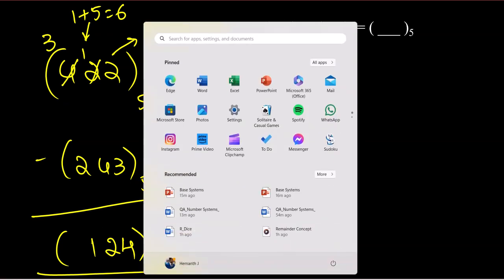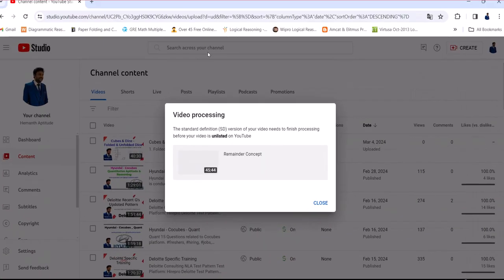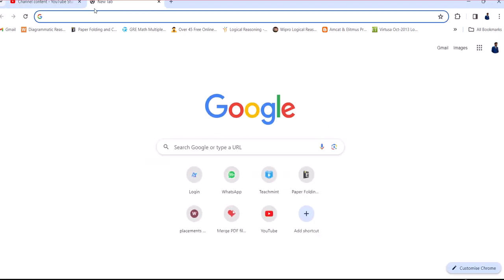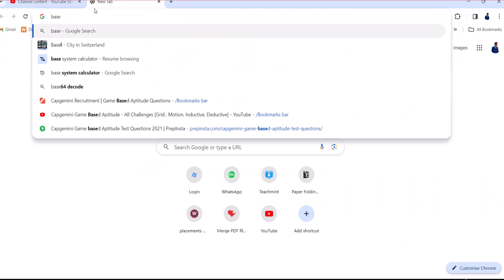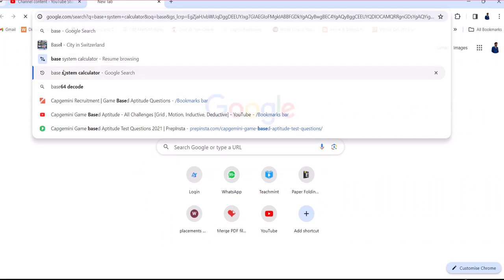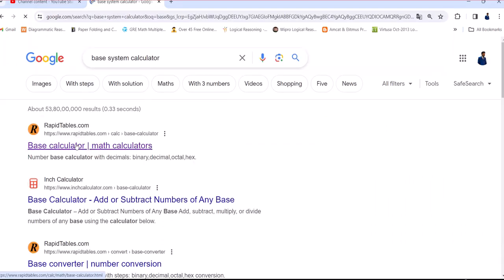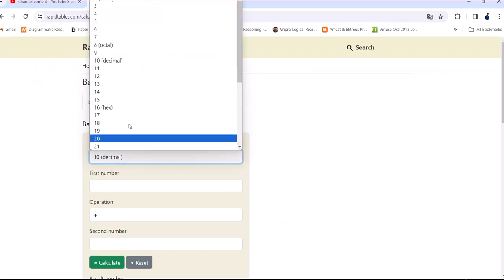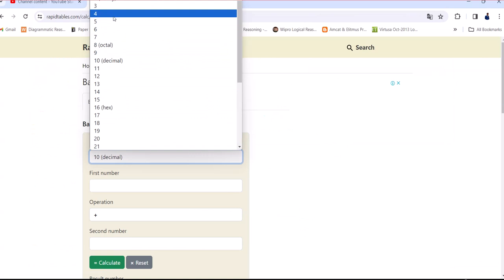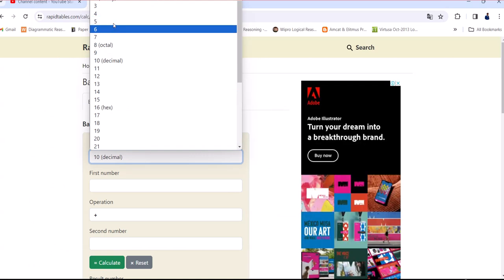I just opened a base system calculator directly, and I'll show you the direct subtraction. This is what we took in base 5. What you subtracted, base is 5, right?